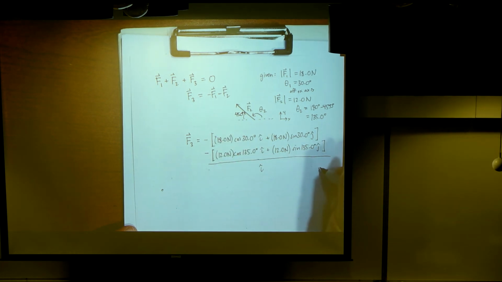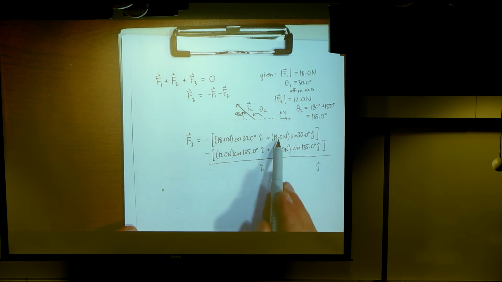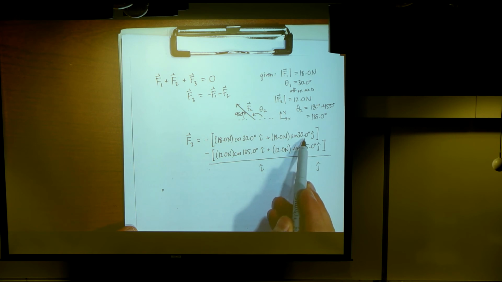Then, for the y component, I would take minus 18 sine of 30 degrees, and then minus 12 sine of 135 degrees. And then that would give me the y component I'm looking for. So, someone just try doing those computations.